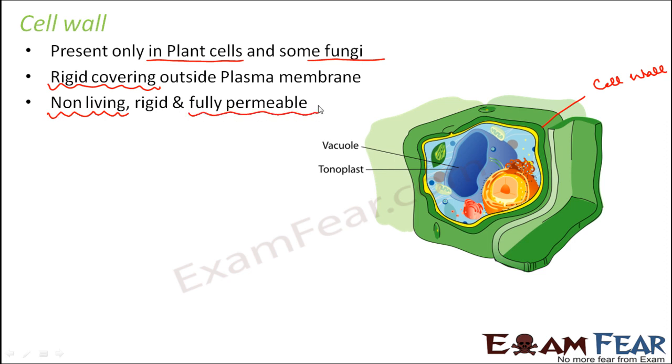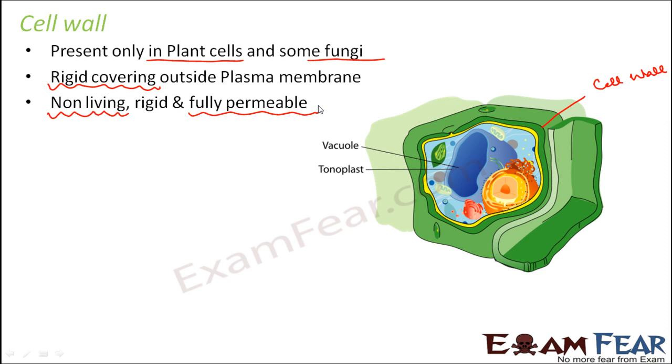While we were talking about plasma membrane, I told that plasma membrane is selectively permeable. That is, it allows certain particles to move through it and doesn't allow certain particles. So it is quite selective in allowing particles to pass through it. But as far as cell wall is concerned, it is fully permeable. That means it allows everything to pass through it.